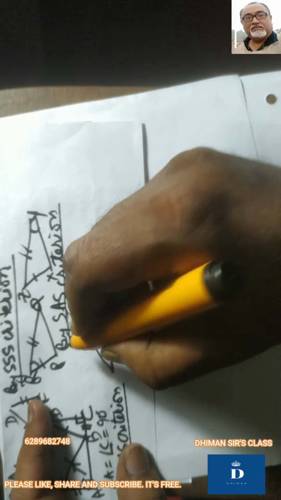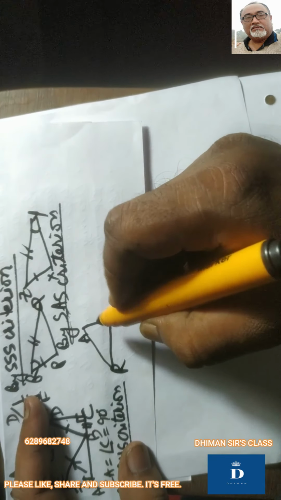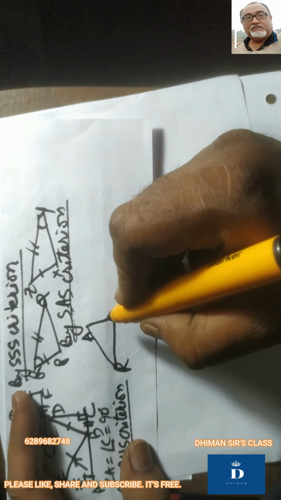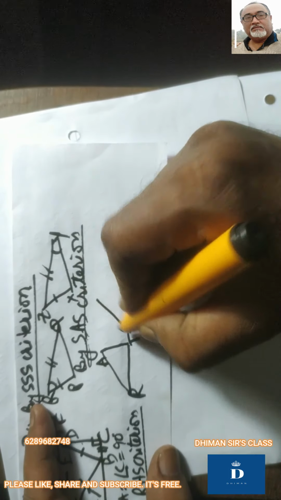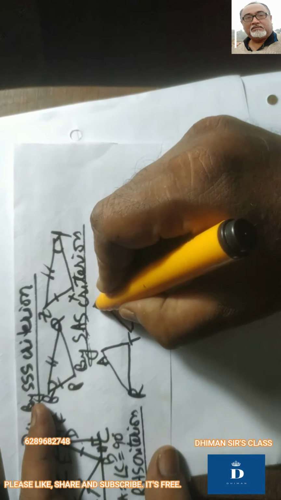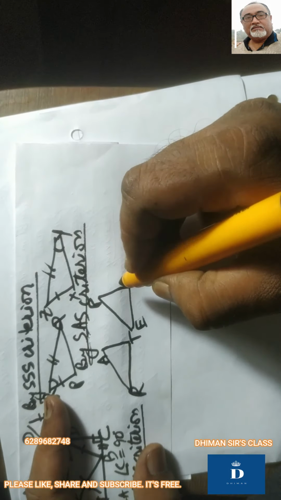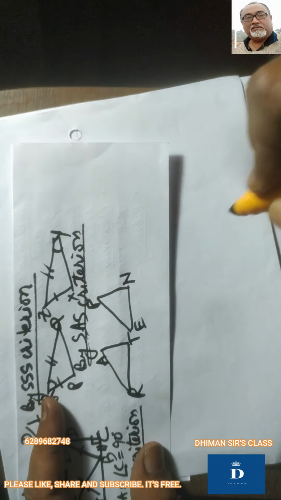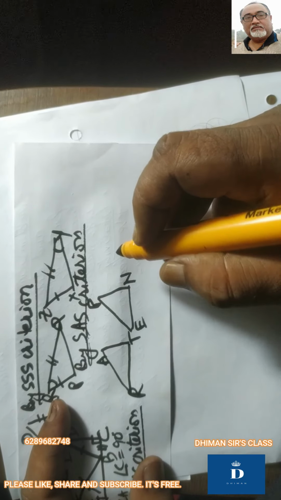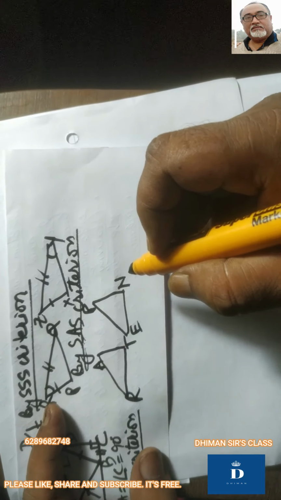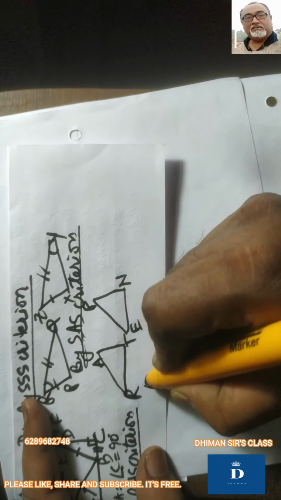ART: A, R, and T. And similarly, another triangle is also given, PEN: P, E, and N.